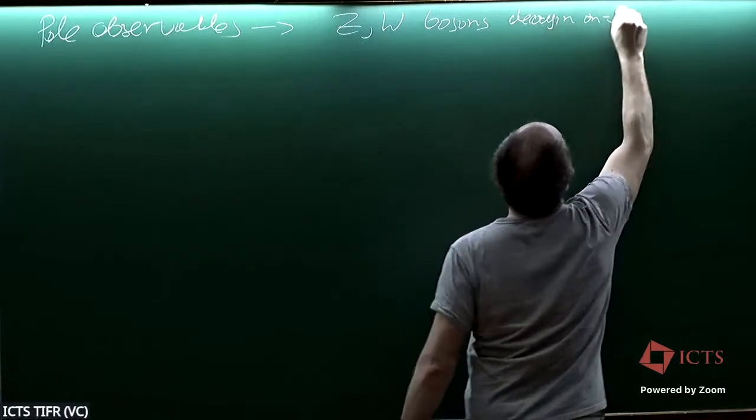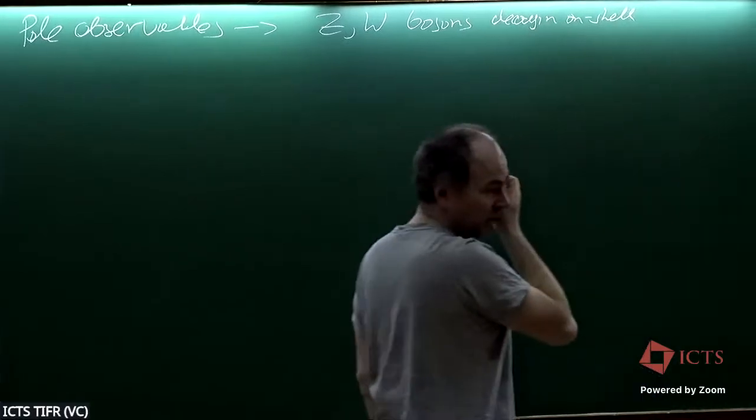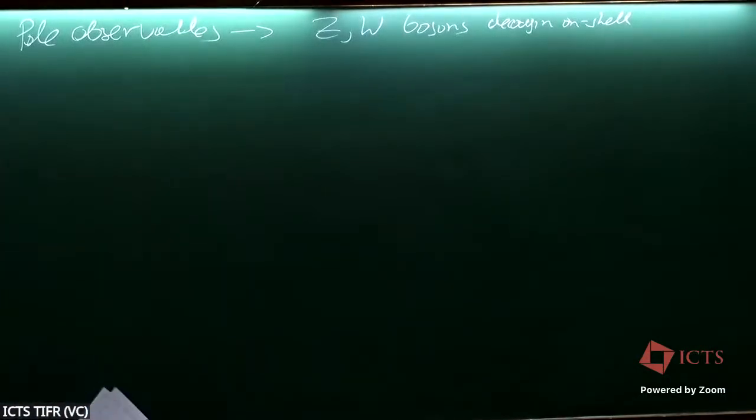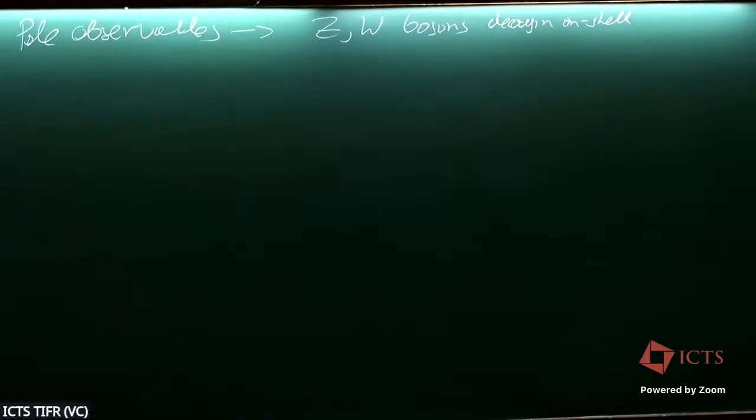So you produce a particle on shell and then it decays. The point is that we had a lot of information about these decays, which allows us to place very general and quite strong constraints on a large set of Wilson coefficients, and that is what I will be trying to explain in this lecture.